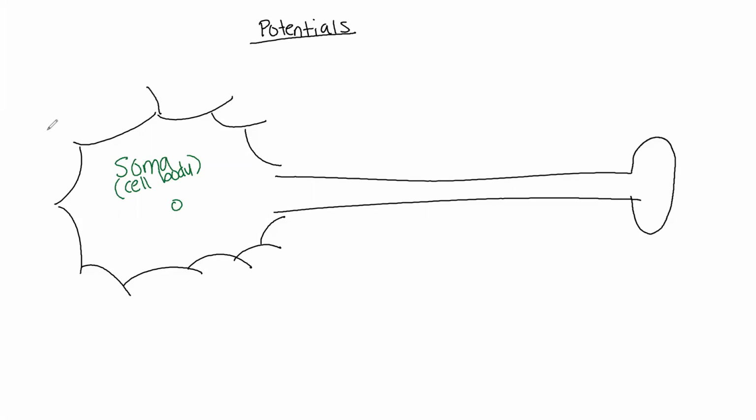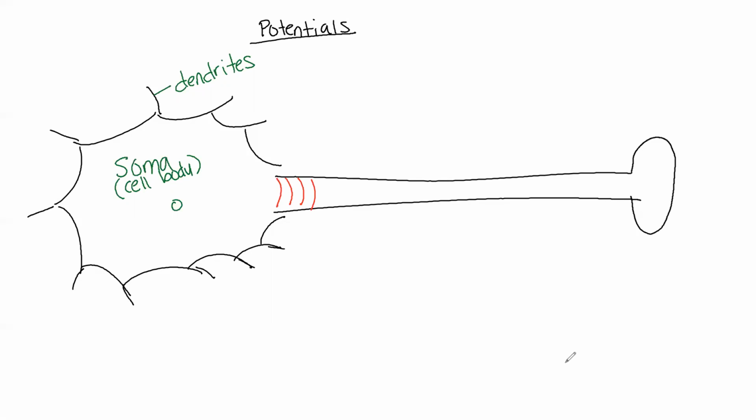We've got dendrites, which are sensory fibers projecting from the soma. These pick up signals from other neurons. We've also got the axon hillock, which is pretty much the neck of the neuron.